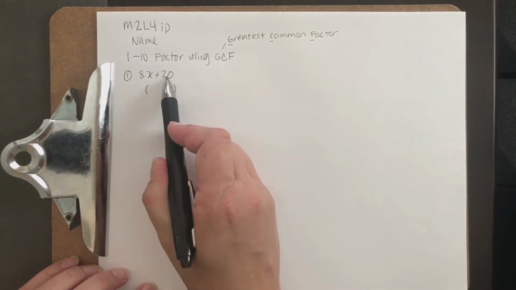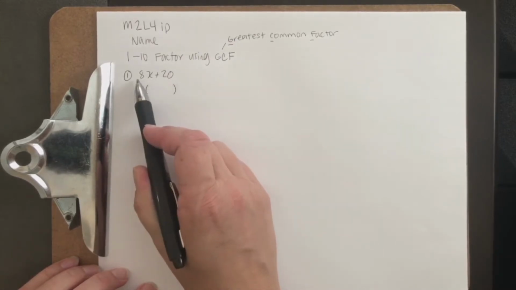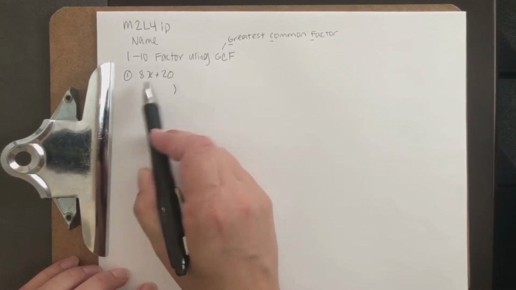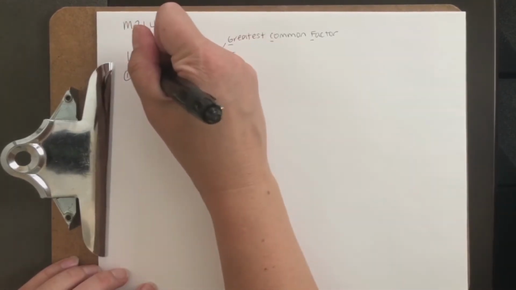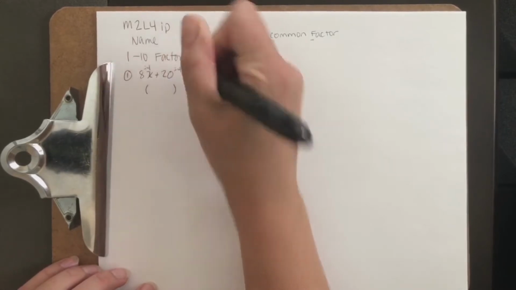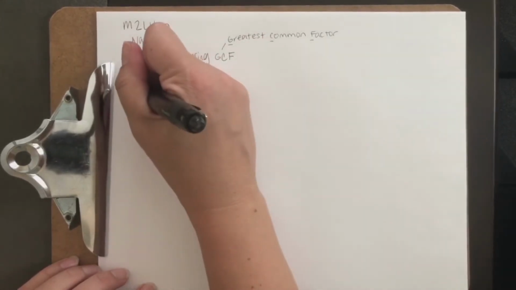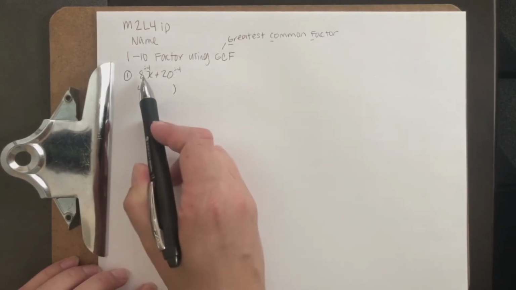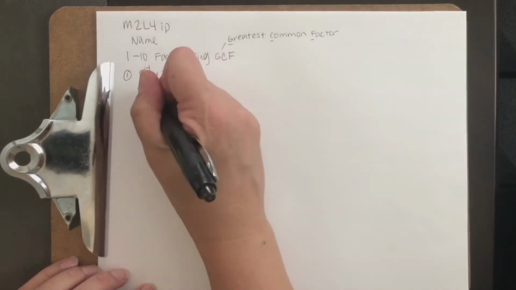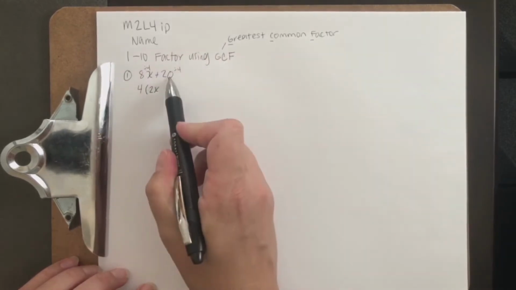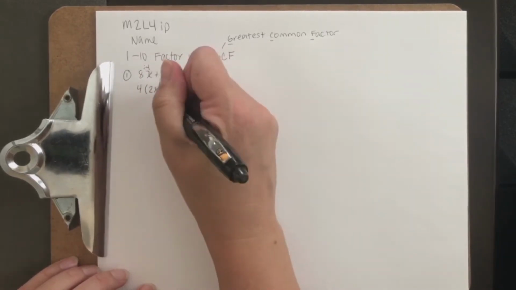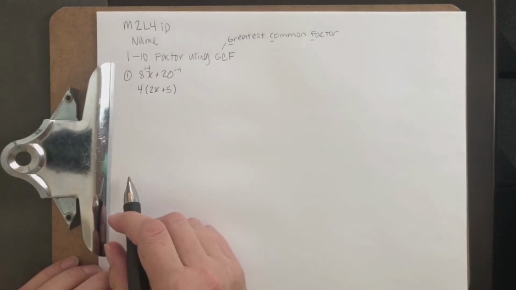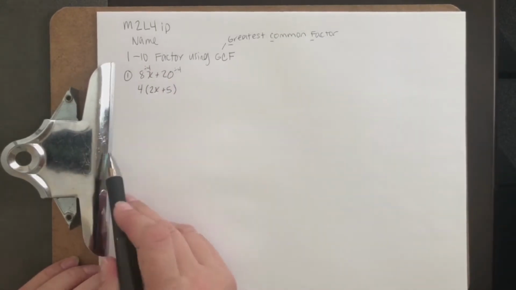So 20 is not divisible by 8, but they're both divisible by 4, so we can divide by 4 and put the 4 out in front. So then 8 divided by 4 is 2, and 20 divided by 4 is 5. So we factored out a 4.